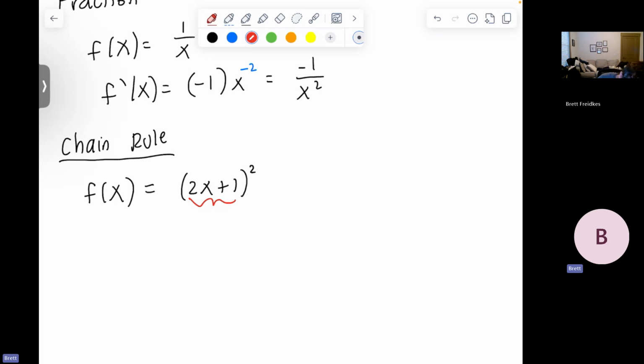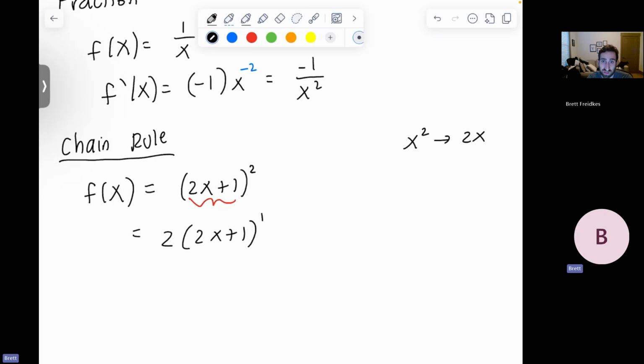Let's compare this earlier to when I had x squared, that became 2x. Let's try to do that same type of thing. Let's bring the exponent down. Subtract 1 from the exponent. But now what I have to do is also multiply by the derivative of the thing that was inside those parentheses.